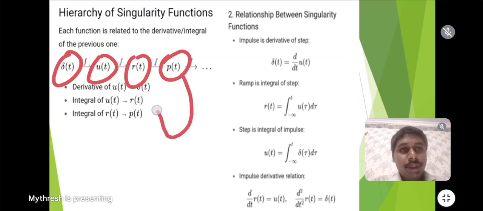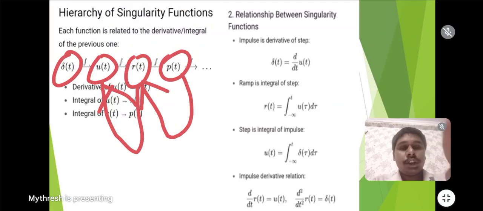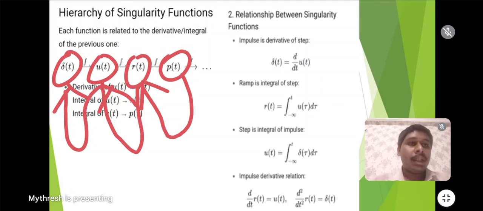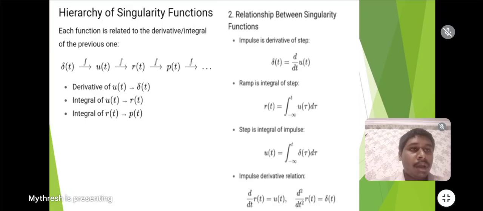If we differentiate the parabolic function, we get the ramp function. If we differentiate the ramp function, we get the unit step function. If we differentiate the unit step function, we get the impulse function. This is how the hierarchy is decided, and we can see the integral limits for the ramp function, that is minus infinity to t, of u of tau, where tau is a time variable.